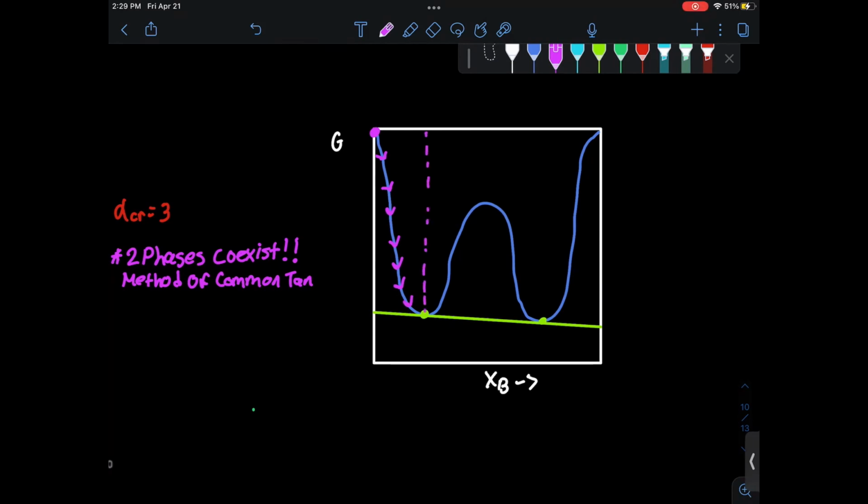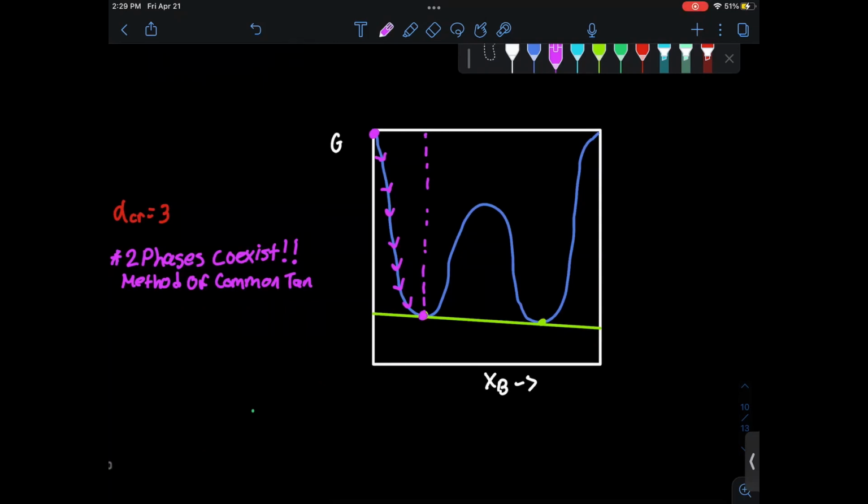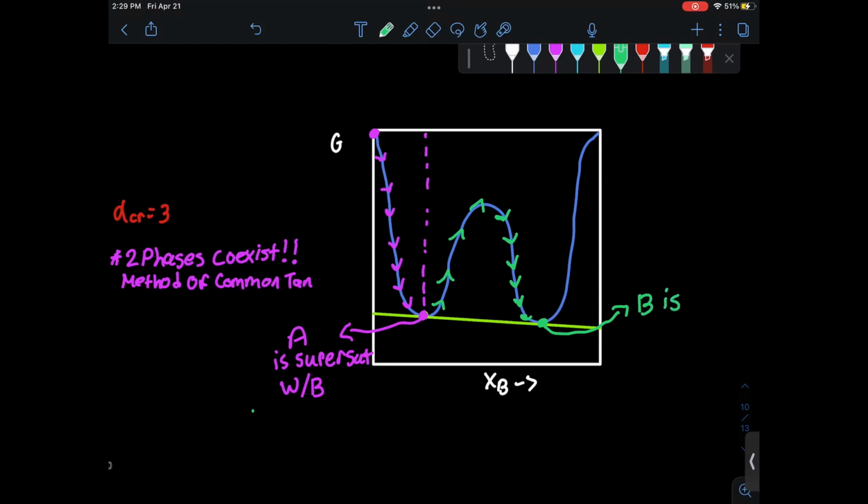At this minimum point, we can say A is supersaturated with B. Now, if I keep adding B, this Gibbs free energy curve is going to go up. And then it's going to start decreasing its energy. And then we're going to get to a point here. At this point, we're going to have a spot where B is supersaturated with A.